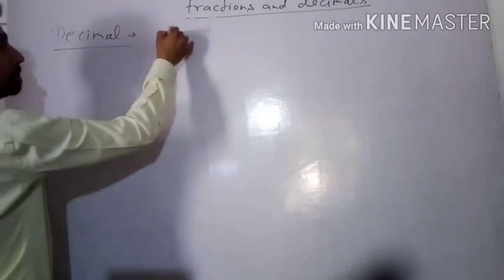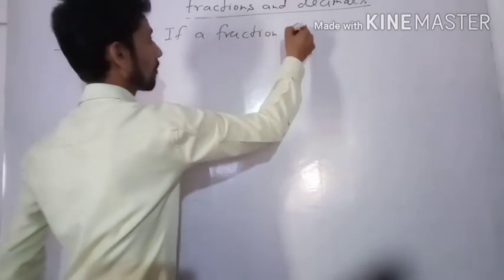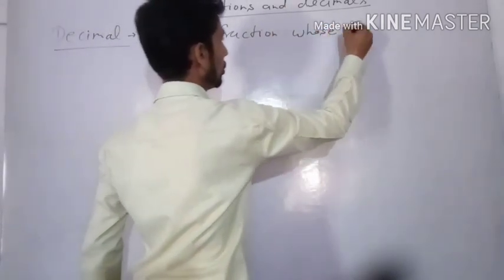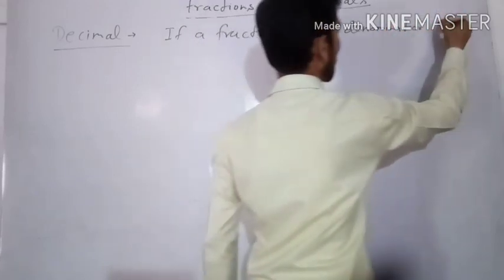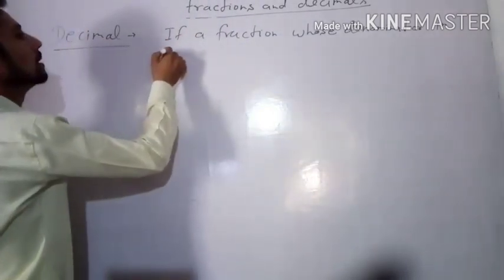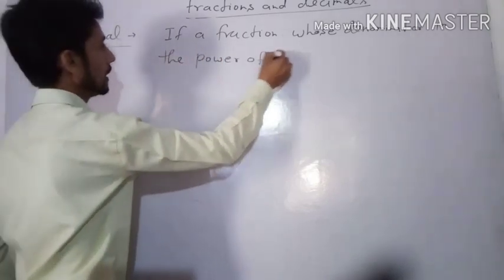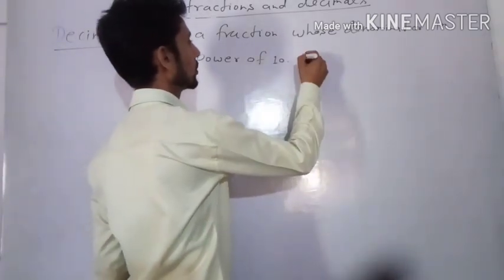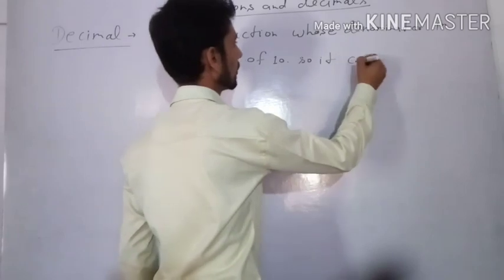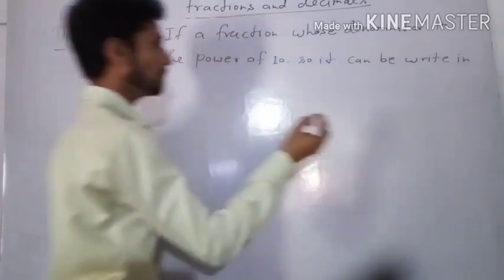If a fraction whose denominator is in the power of 10, so it can be written in decimal form.